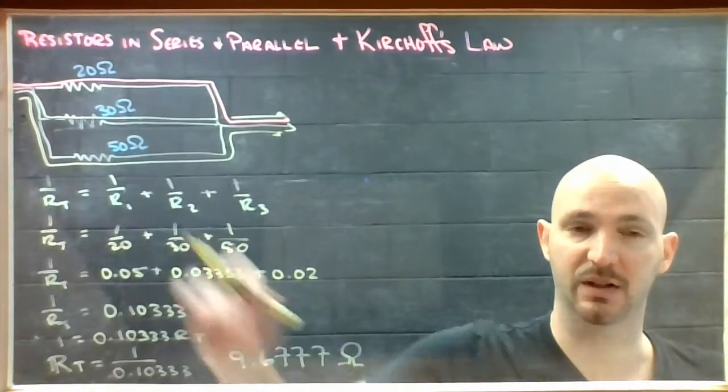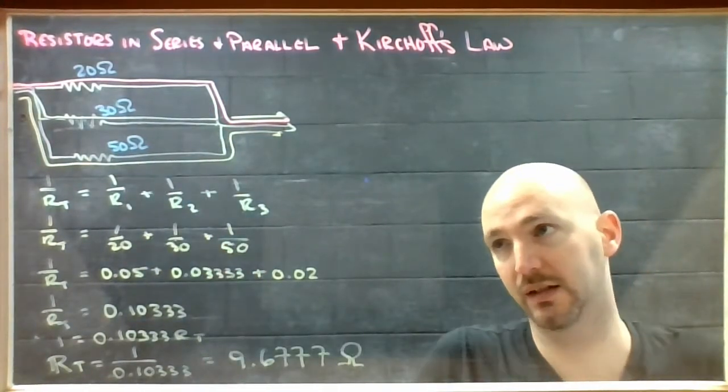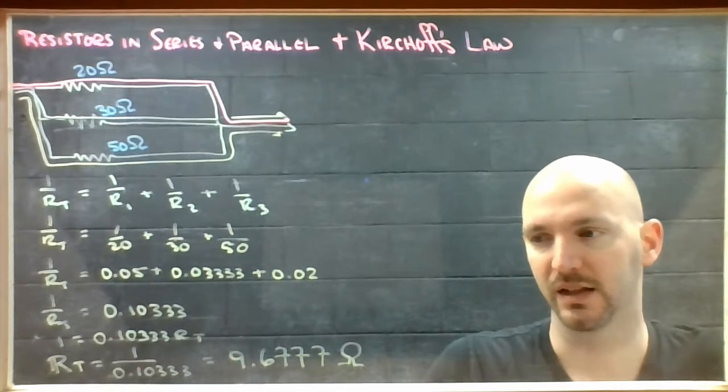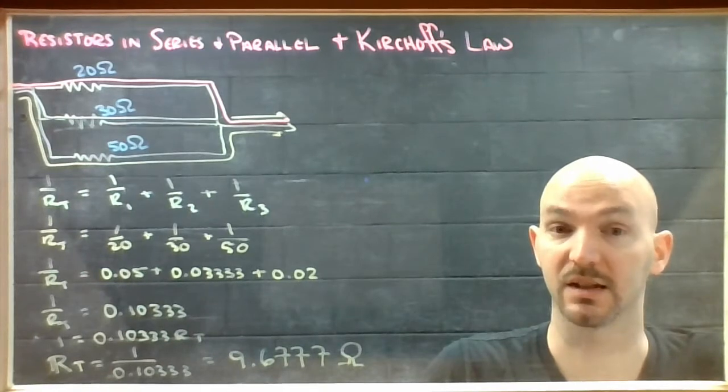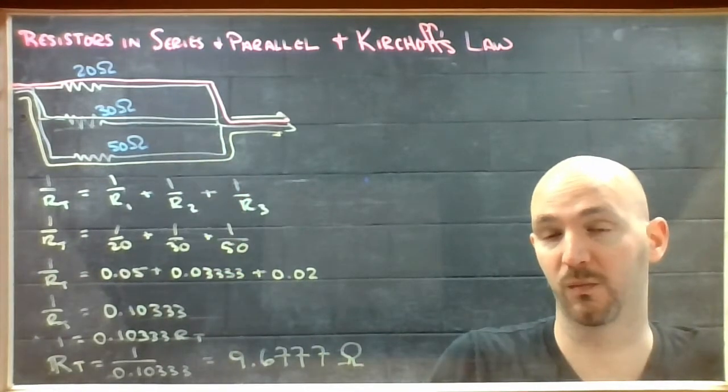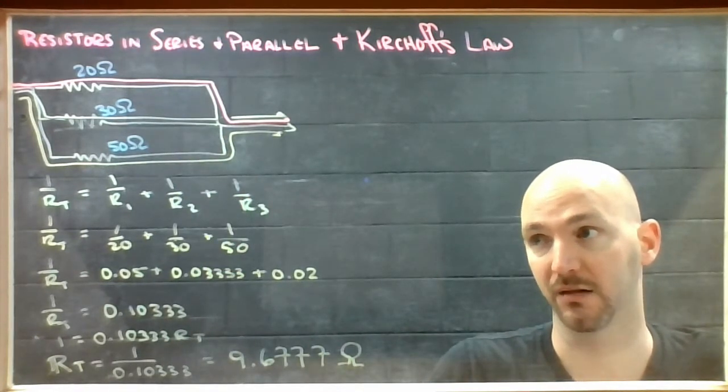So this structure here, even though it contains a 20, a 30, and a 50, is only going to provide 9.6777 ohms of resistance in total because of its wiring in parallel.